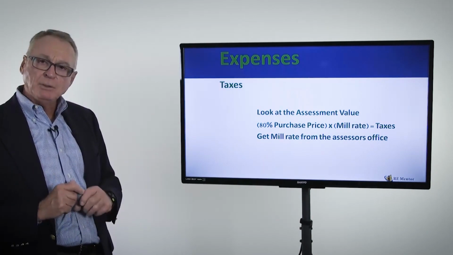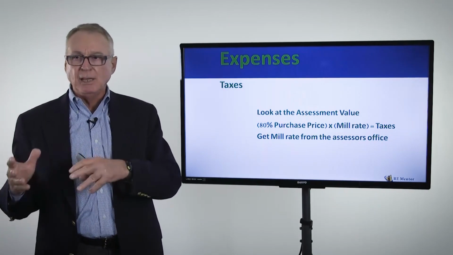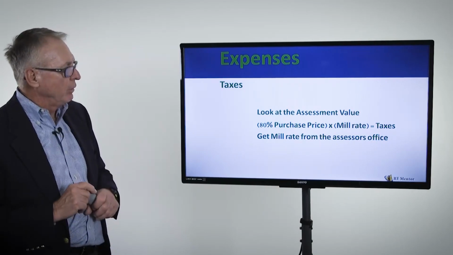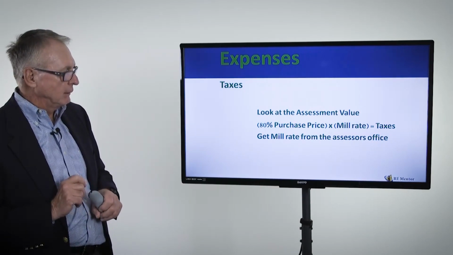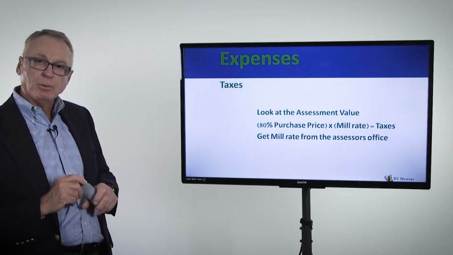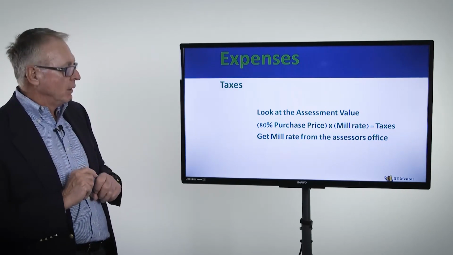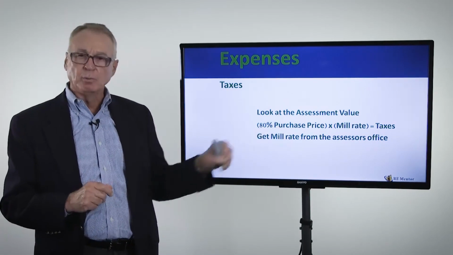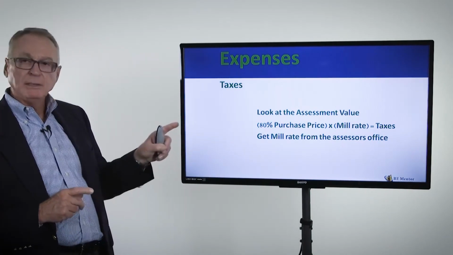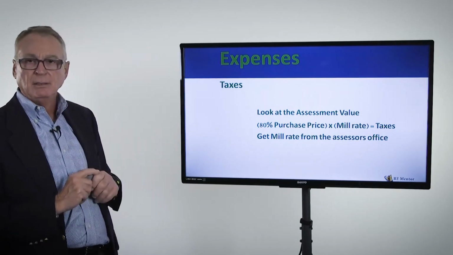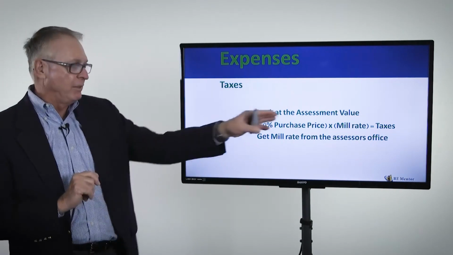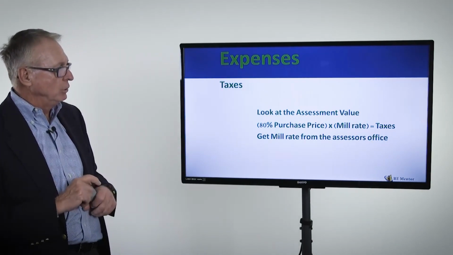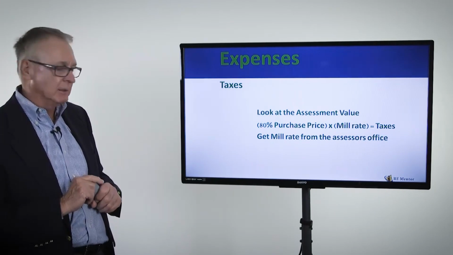But sometimes it's not that simple, because different states configure their property taxes differently. For example, where we own property in South Carolina, they take the new purchase price times 6%, and then they factor in their millage rate, and that's what you use to calculate your new taxes.